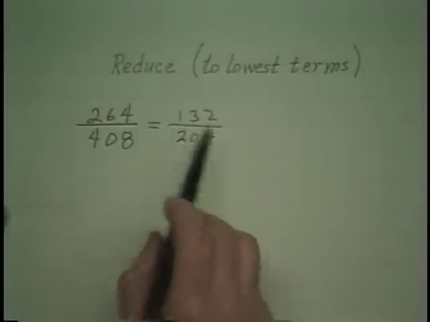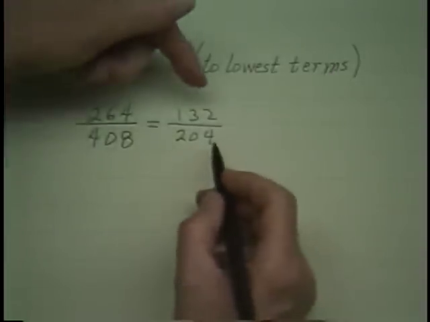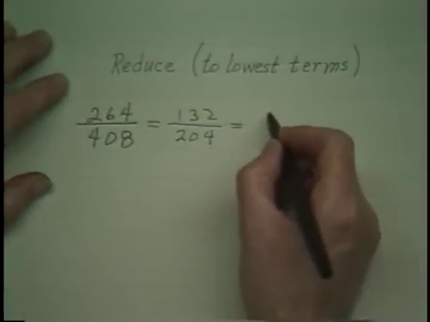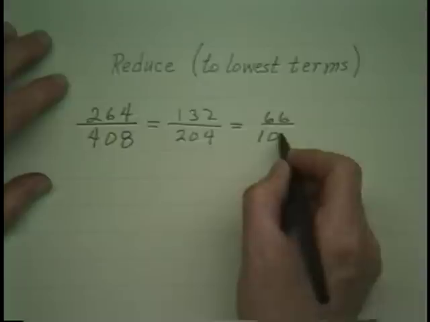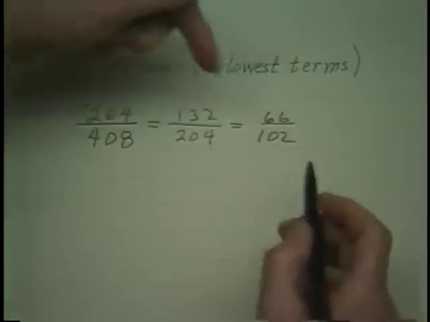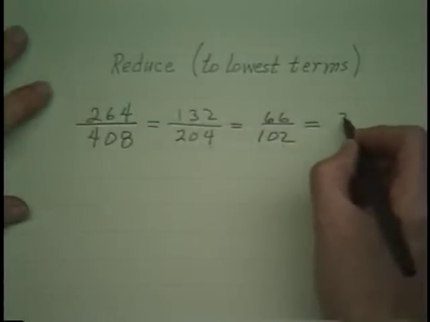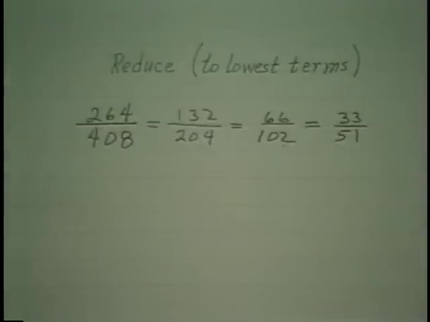Now this is a reduced form, but not to lowest terms, because we can see that 2 will still divide. So doing that, we get 6, 6 on top, 1, 0, 2 on the bottom, and we see that 2 will still divide. Doing so, we get 3, 3 on top, and 51 on the bottom.